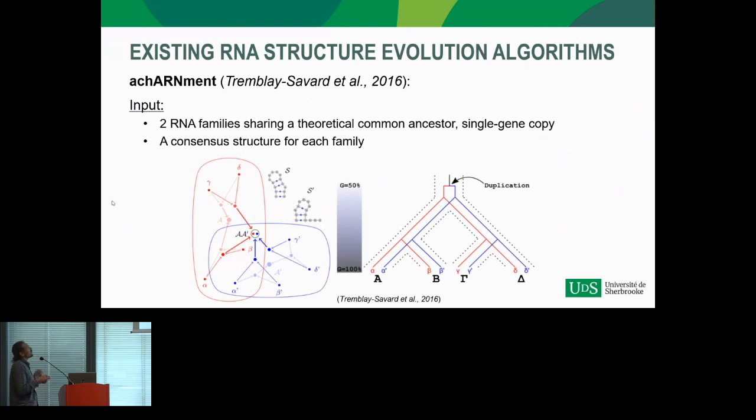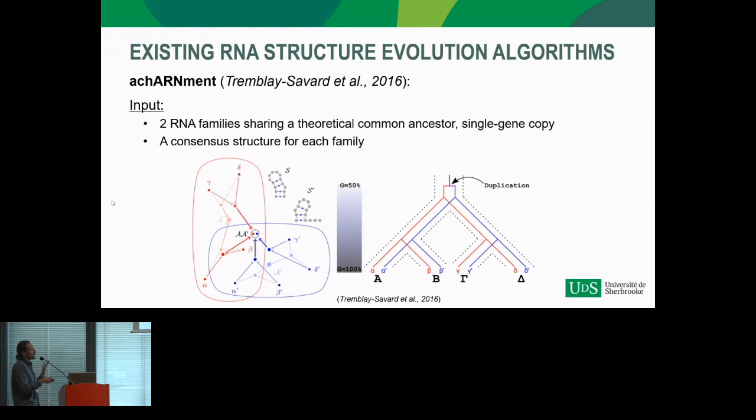It takes as input two non-coding RNA families that share a theoretical common ancestor with a single copy gene. Here is an example where you have the two families in red and in blue. The two families have to share the same species and have just one single copy gene for each. And there is only one consensus structure for each family.